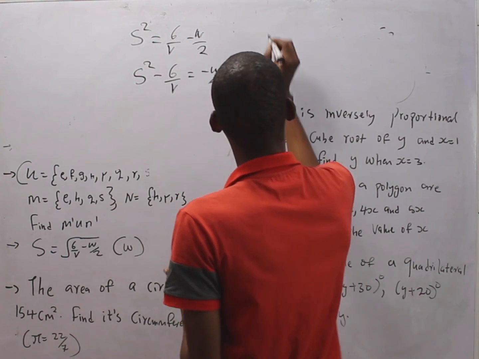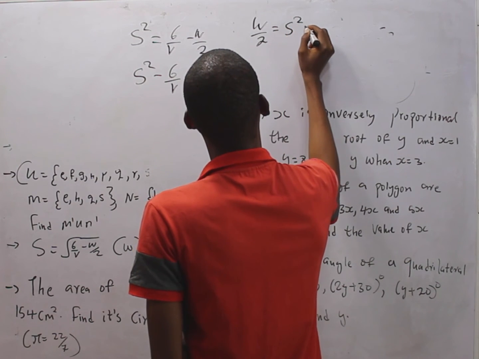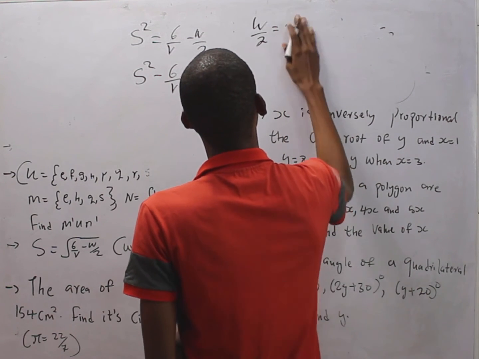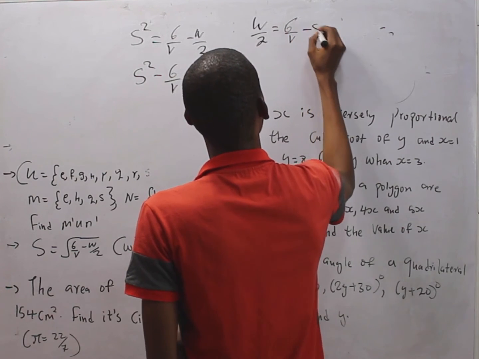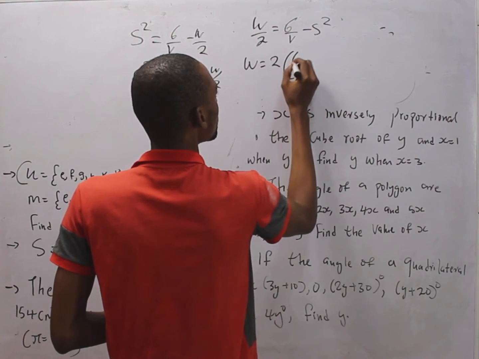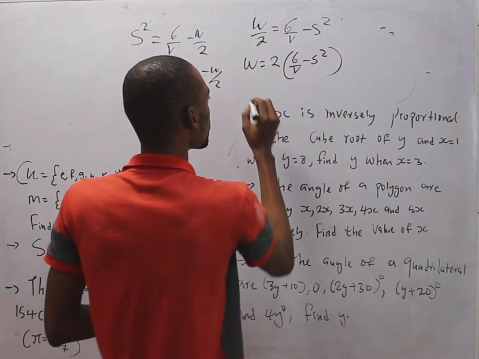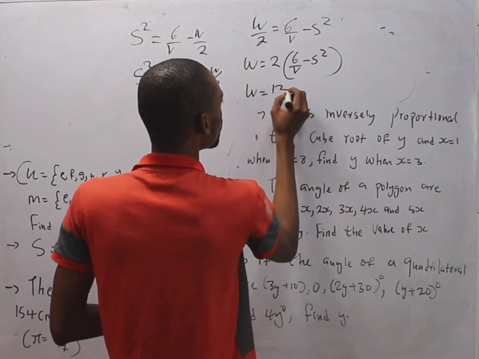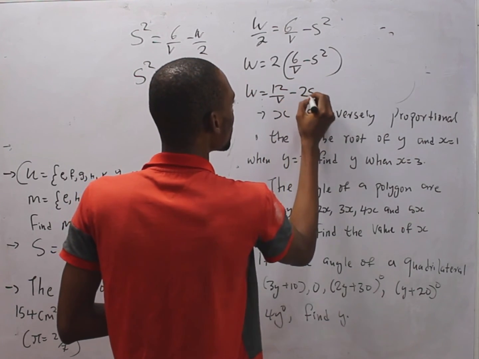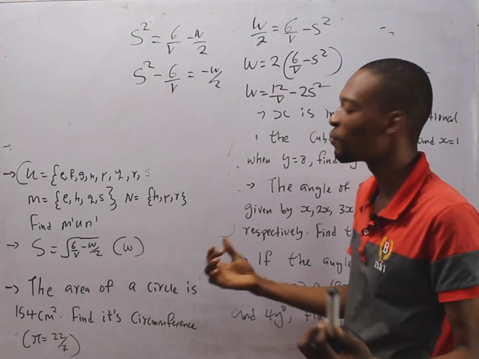Or we would have just said W over 2 is equal to 6 over V minus S squared. W is equal to 2 bracket 6 over V minus S squared. You can either leave it like this or say W is equal to 12 over V minus 2S squared. That is making W the subject of the formula.